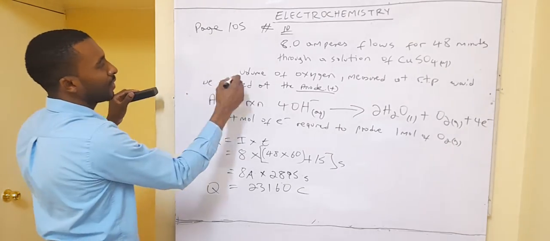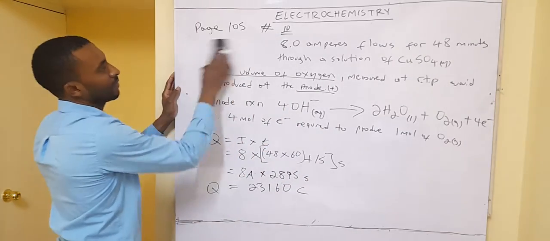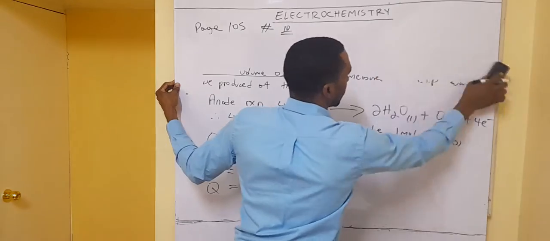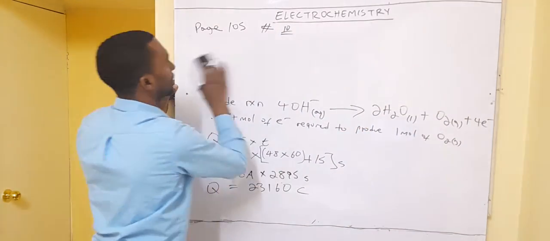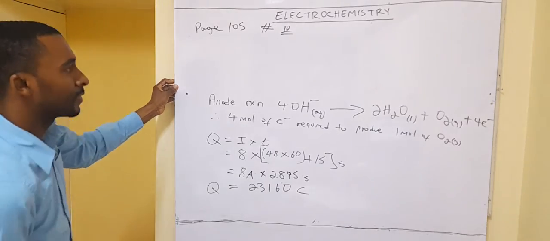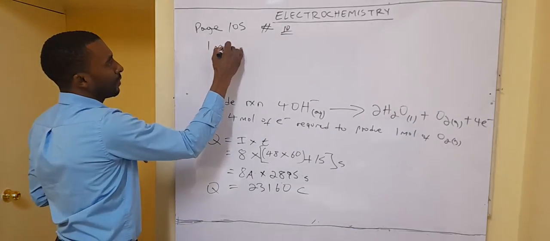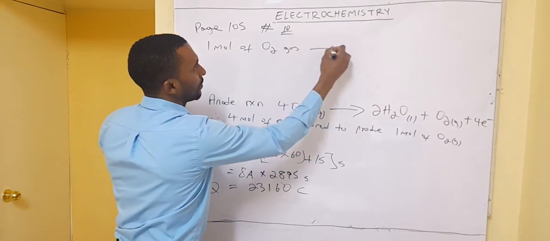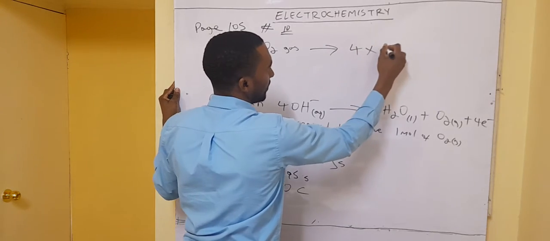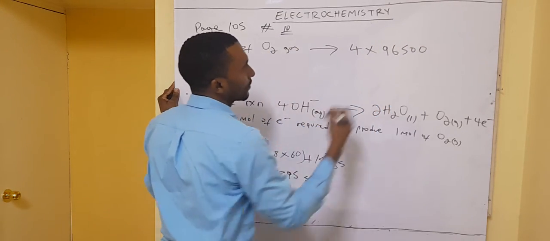Remember that they want the volume of oxygen gas. This is just the quantity of electricity that was used, right? Now, it simply means that for 1 mole of oxygen gas, we would need 4 times 96,500 coulombs.